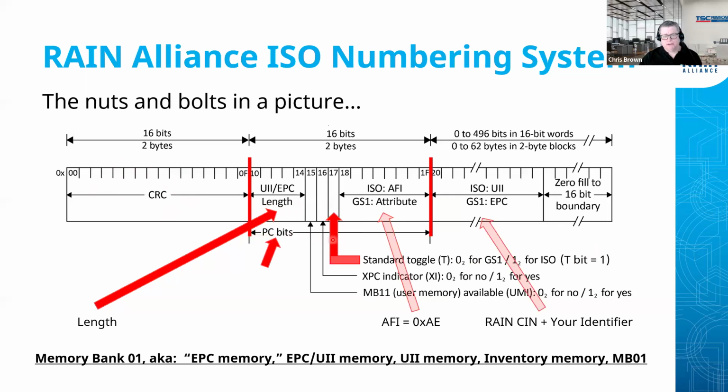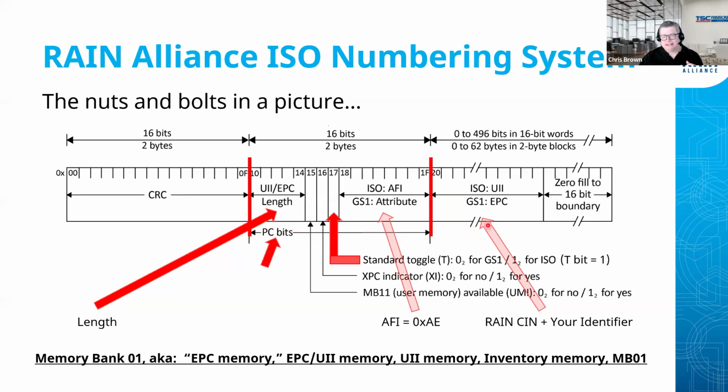The next chunk, this middle chunk, is the so-called PC bits or PC word. It's 16 bits, therefore it is a word in computer speak. 16 bits, and I'm going to come back to this in a moment. We're going to get into that in a little more detail.